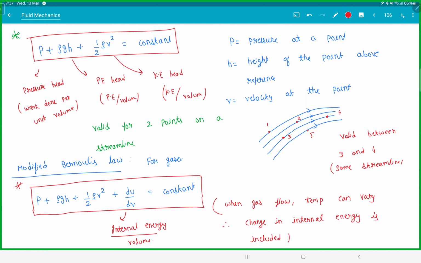So don't think in terms of Bernoulli, think in terms of energy conservation, isn't it? End of the day, it is an energy conservation. So whatever work you're doing, it is used to change kinetic energy, used to change potential energy, it is used to change temperature also.